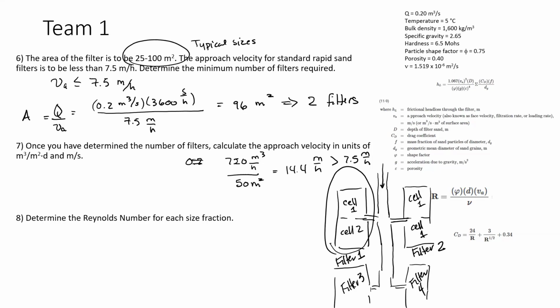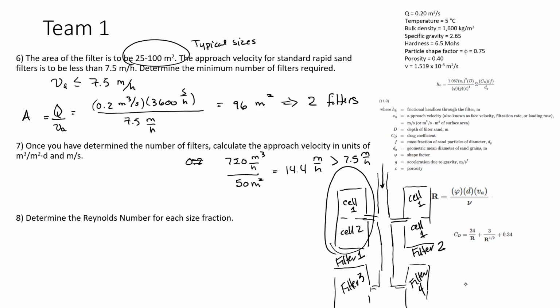Okay, so once we've determined the number of filters, then we can calculate the approach velocity.